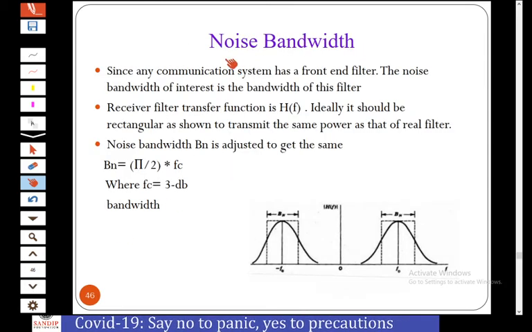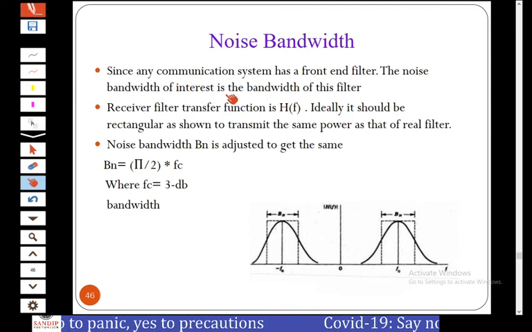Now we need to understand the term noise bandwidth. Since any communication system has a front end filter, the noise bandwidth of interest is the bandwidth of this filter. The receiver filter transfer function is H(f). Ideally it should be rectangular, as shown, to transmit the same power as the real filter.